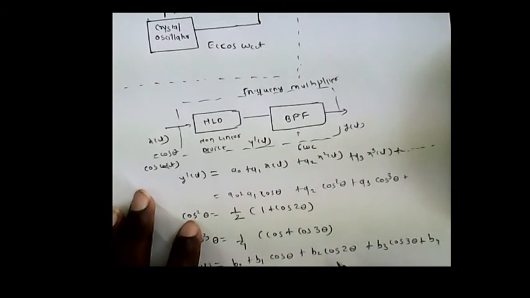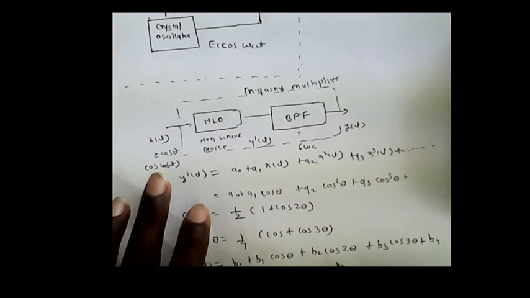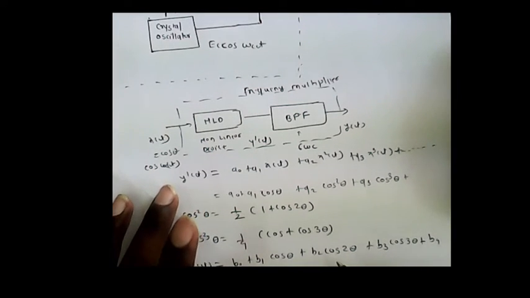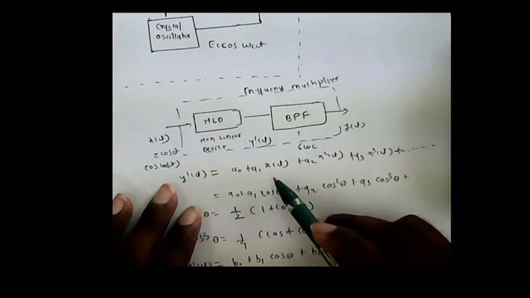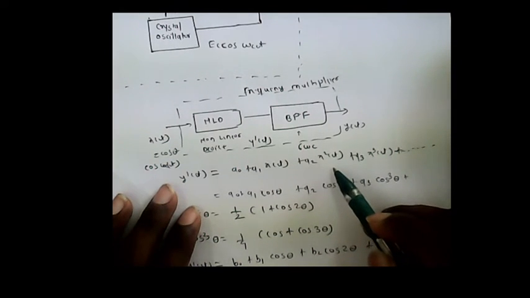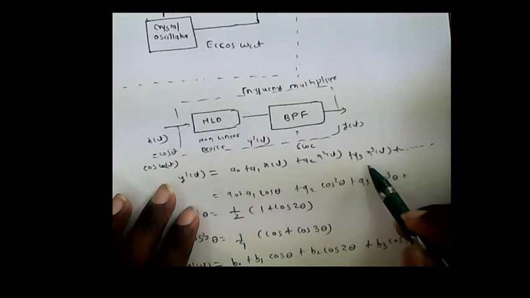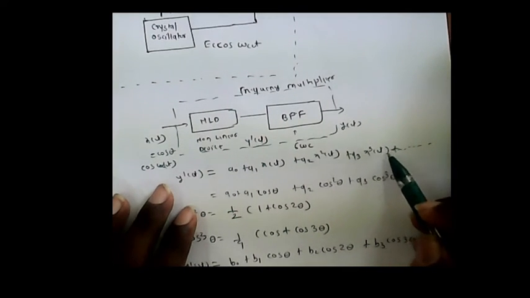A non-linear device generates various frequencies. For example, if we apply x of t equal to cos theta, the output of this non-linear device is y of t, which has the nonlinear form a0 plus a1 x of t plus a2 x square of t plus a3 x cubed of t.